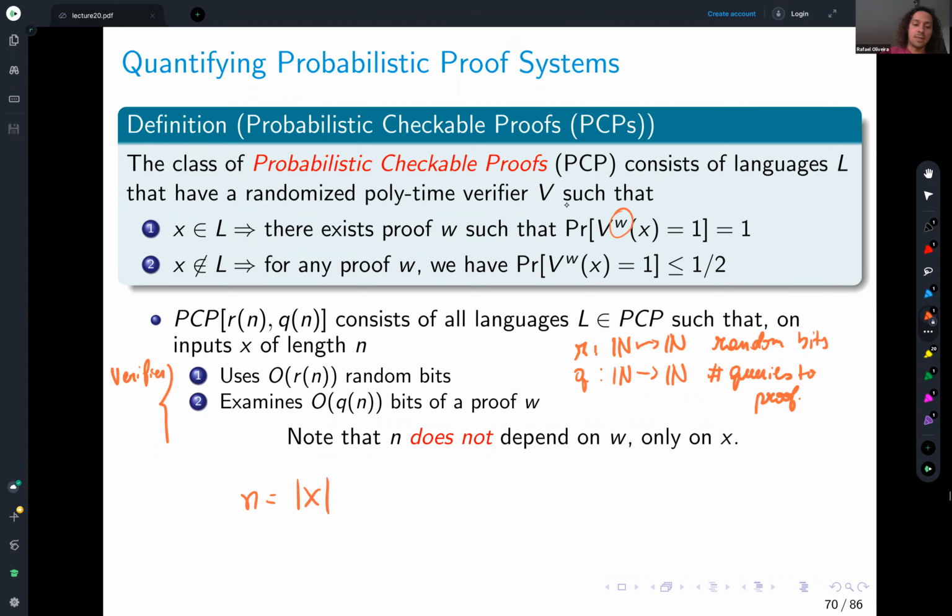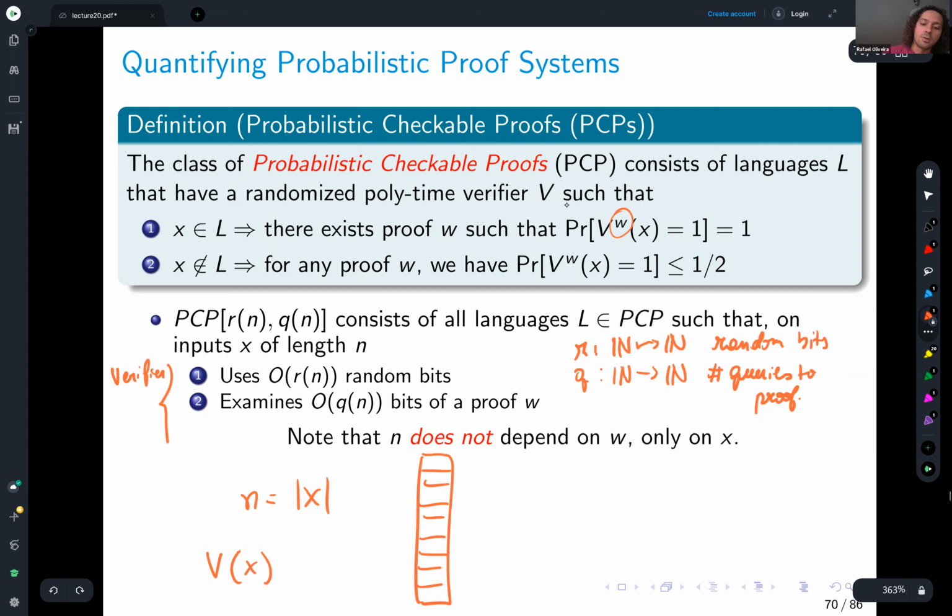The verifier V will take a look at your input x and is allowed to query the proof W. V has its random bits, and it can use R(n) random bits, but it can only look at Q bits of the proof. Suppose that Q is 3. So I can only look at 3 bits of the proof, and I have to make a decision, and I have to have those two guarantees. Does that make sense?